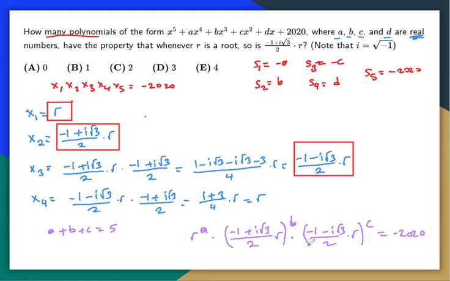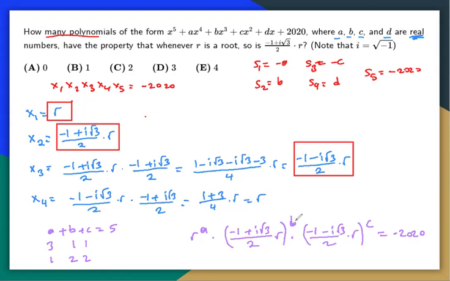When you multiply this by this, you end up getting just a real number, as we just saw with negative 1 minus i root 3 and negative 1 plus i root 3. So in order for us to multiply these two, the powers should be the same, right? So B and C have to be the same. So we can say this is 1 and 1, or this is 2 and 2. And there are no other ways to get them.